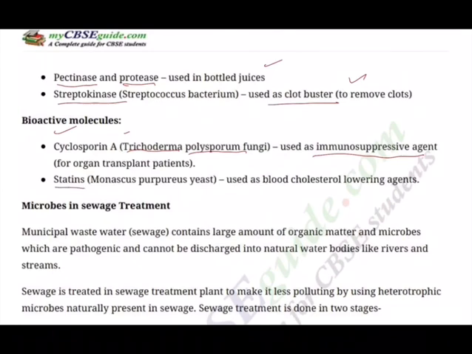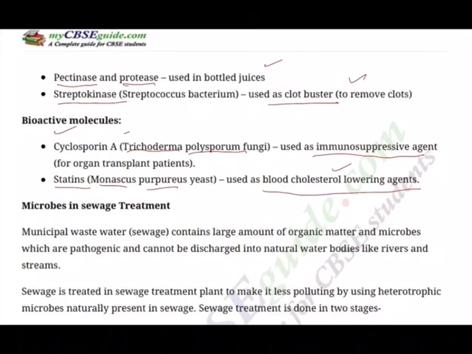And another important bioactive chemical, statins. It is very, very effective. It's obtained from the yeast Monascus purpureus. Again, you need to remember all these names. These statins are used as blood cholesterol lowering agents. You know, cholesterol is bad for health, and it increases in fatty, obese people.